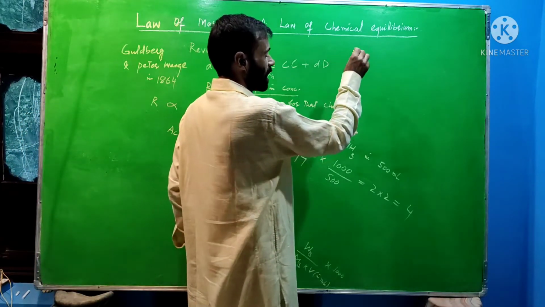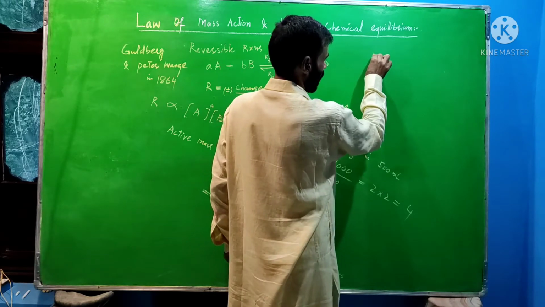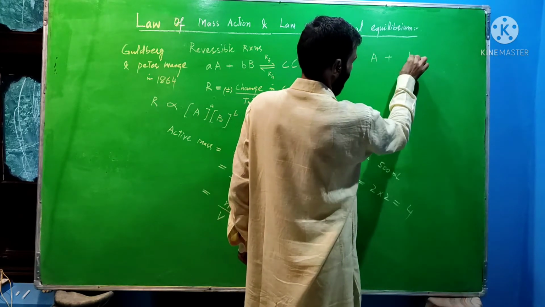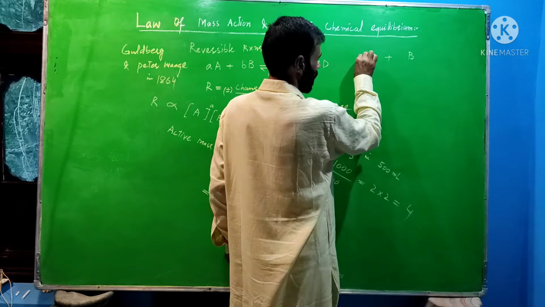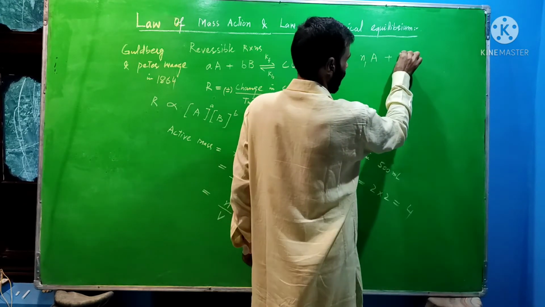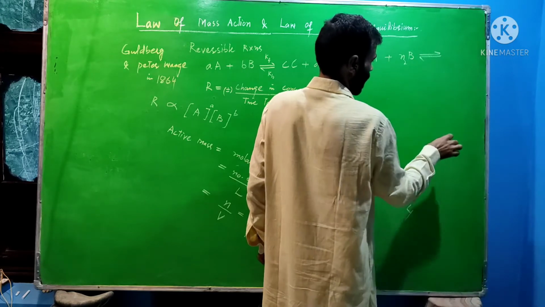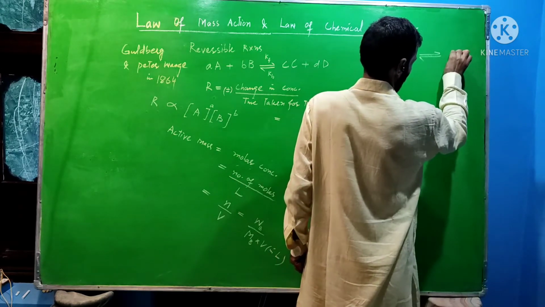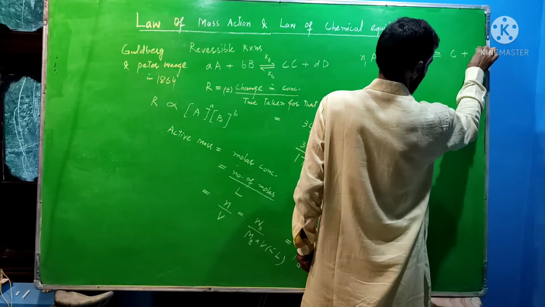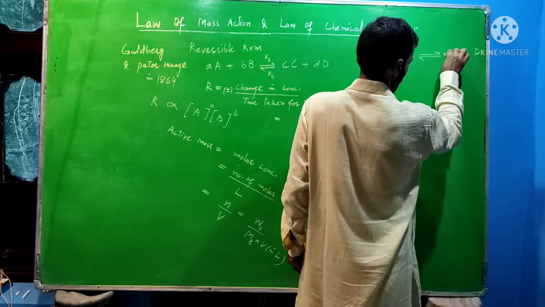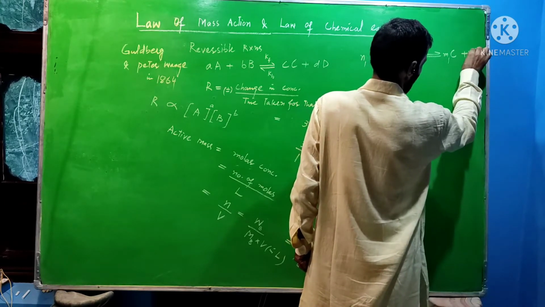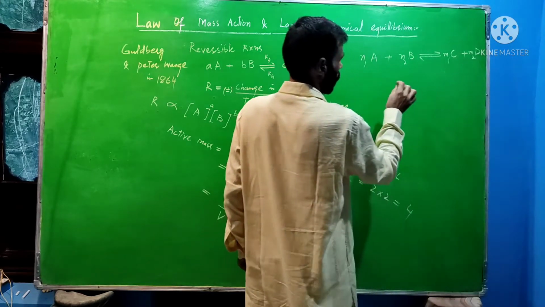Let us take this example. Suppose we have reactants A and B with stoichiometric coefficients N1 and N2. Taking a reversible reaction, the products are C and D with stoichiometric coefficients M1 and M2.